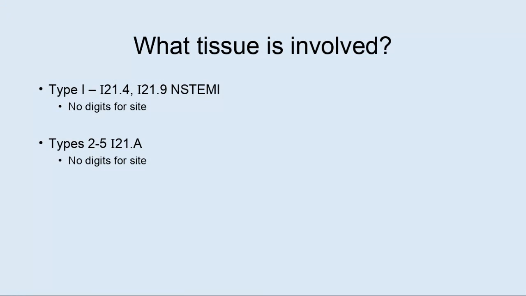So for type 1 NSTEMI, I21.4 and I21.9, there are no digits for the site. For types 2 to 5, I21.A, there are also no digits for site. So some of these will say which tissue is involved and some of these will not.